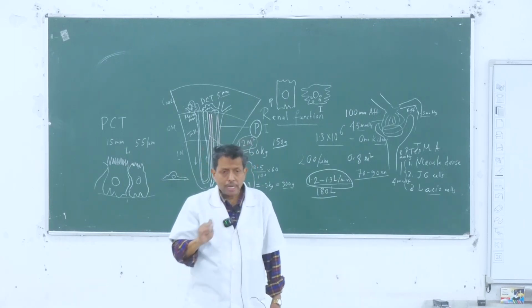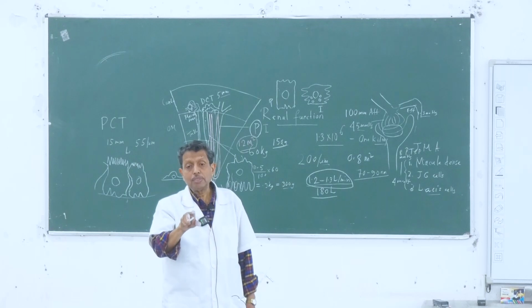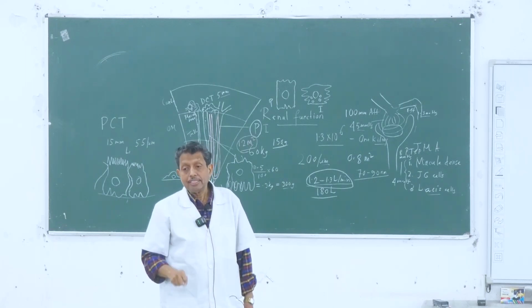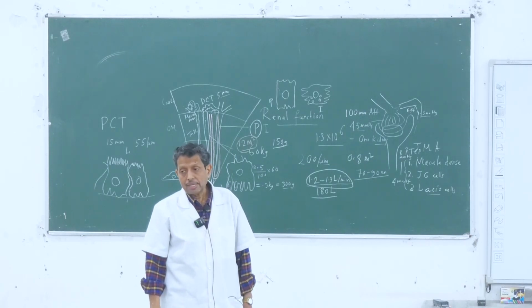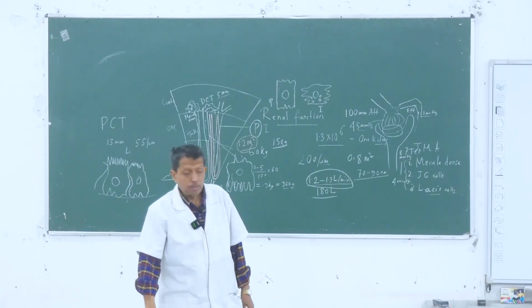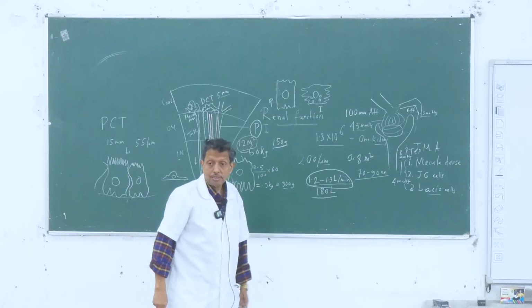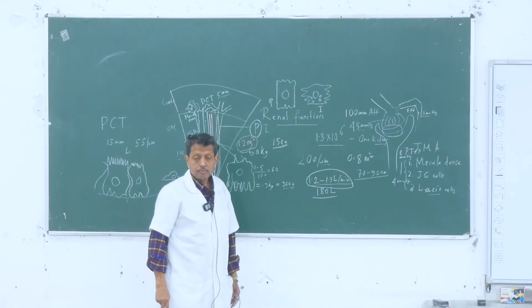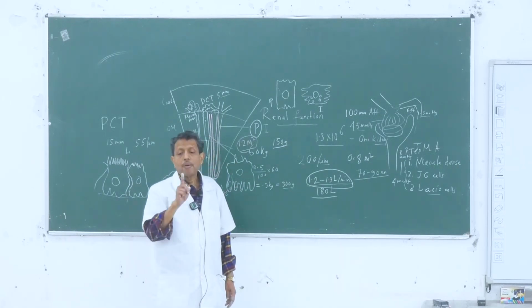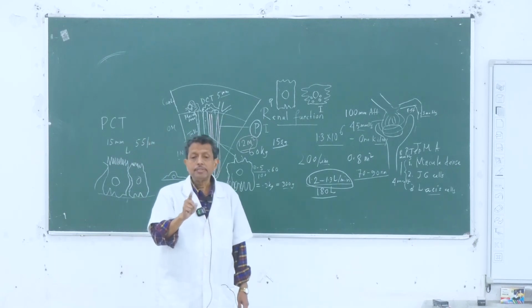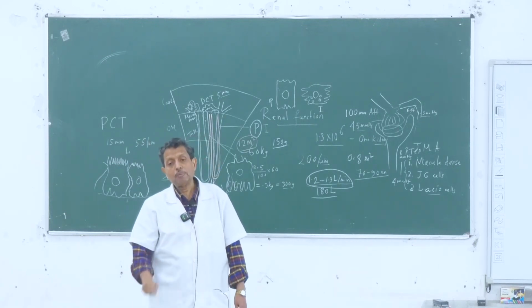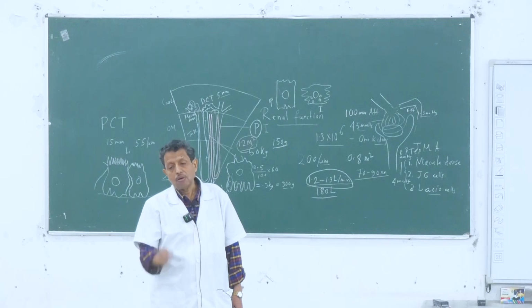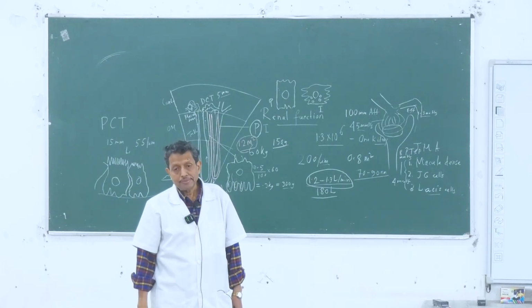There is a filtration bed, and there must be an equally potent bed for the reabsorption of water and other solutes. The reabsorption bed is the peritubular capillaries. At the afferent arteriole, at the beginning of the glomerular capillaries, it is 45 millimeter of mercury, and only 1 to 3 millimeter reduction in this pressure at the efferent end of the glomerular capillary.